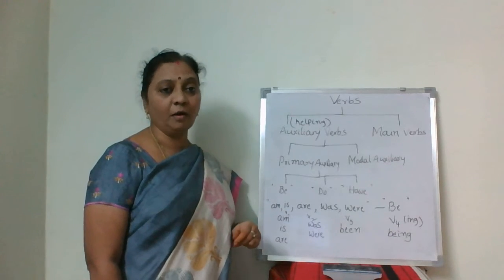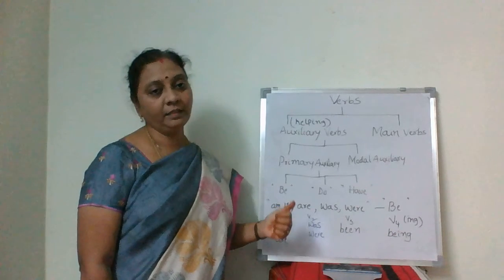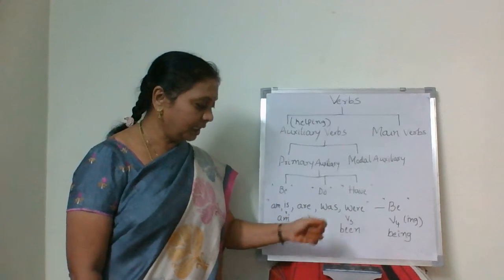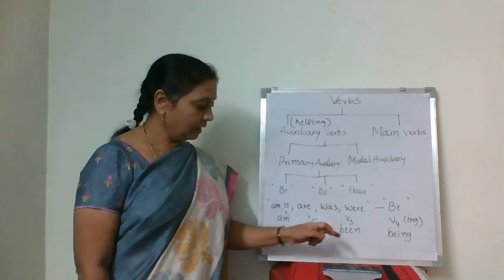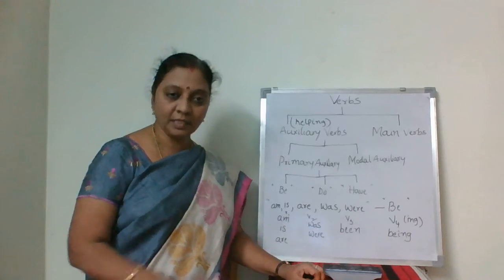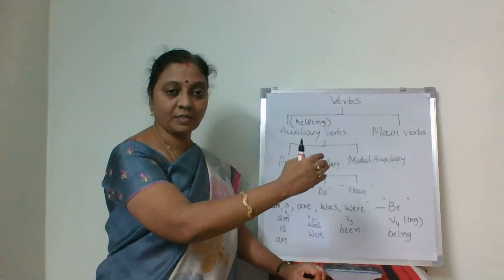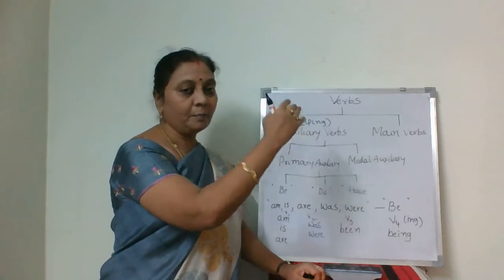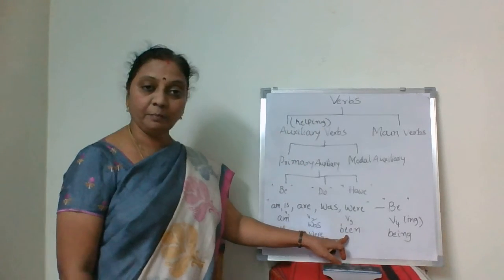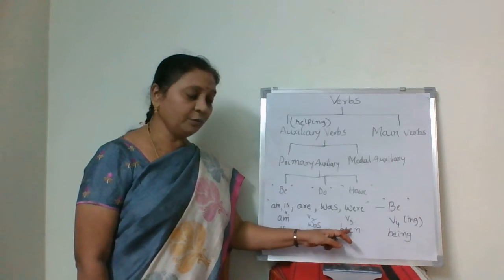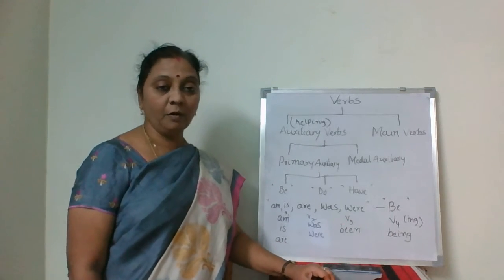In V2 form, we use was and were. And in V3, we use been. Means V1, V2, V3: present tense, past tense and past participle. So for be, what is the past participle? Been.